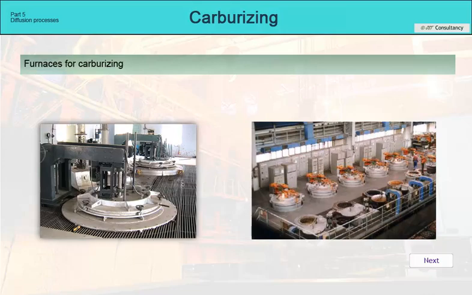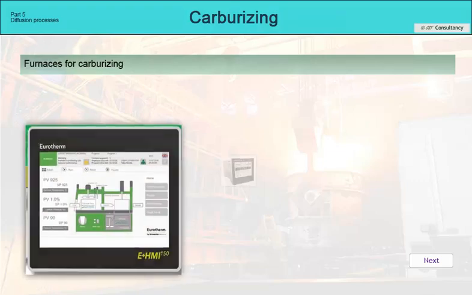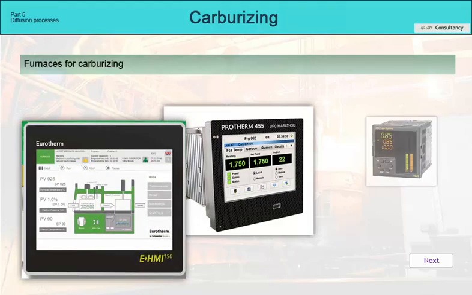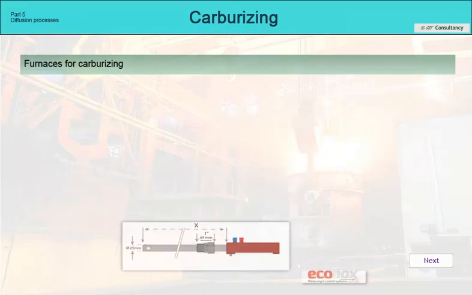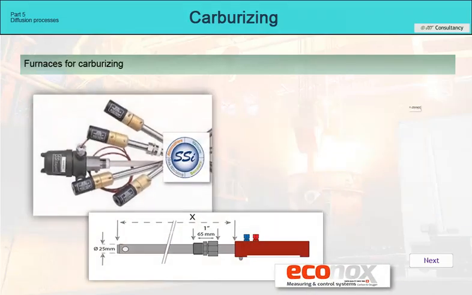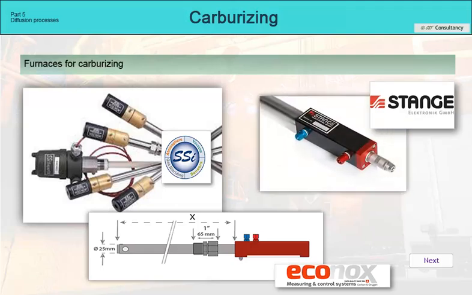Here are, for example, control systems from Eurotherm, Protherm, or Supersystem, oxygen probes from Equinox, Supersystem, or Stange. It is also worth noting that according to the CQI-9 requirement, all furnace instrumentation must be based on digital data processing from 2023, not analog, if it is to work for the automotive or aerospace industry.